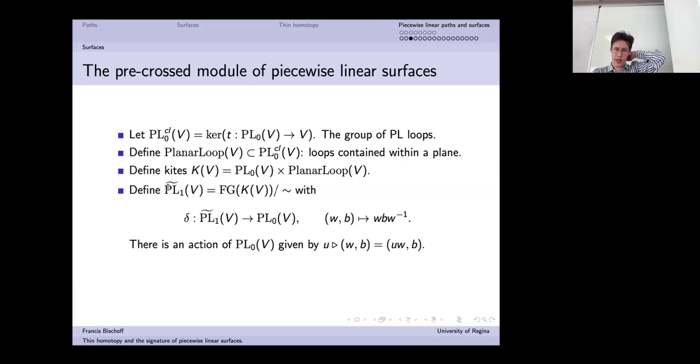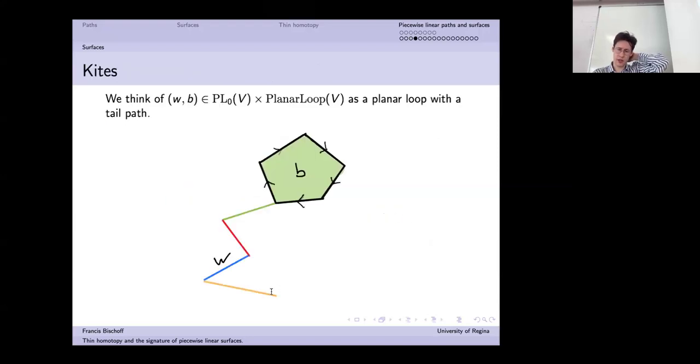Okay, and that will be a group of surfaces, and it has a natural map to PL0 of V, which takes the path and this loop, and just takes it to this loop here. Here's a picture of a planar loop. It's a path and then this planar loop. The boundary of it is like I follow W, then I go around B, and then I come back along W inverse.